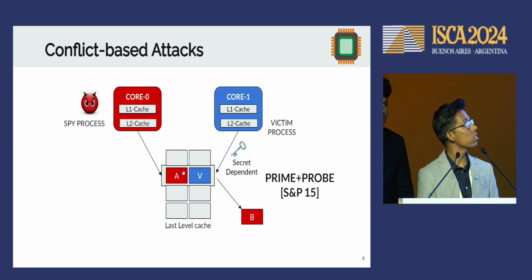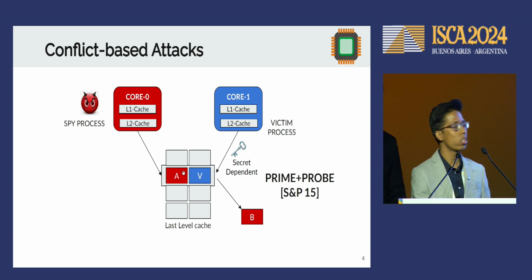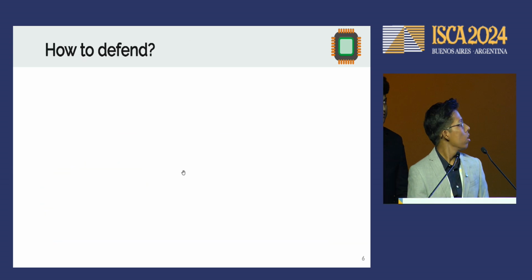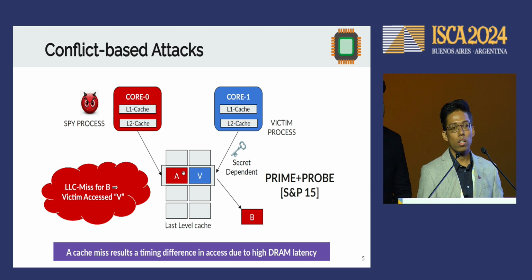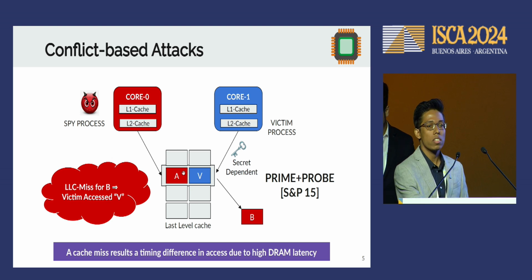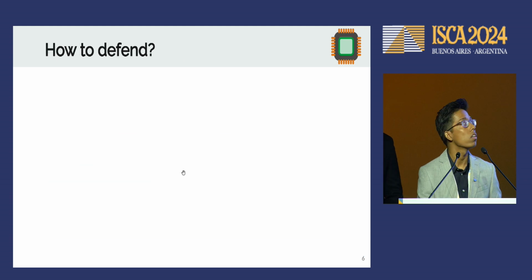And if those addresses are secret dependent, then the adversary can learn them, which poses security issues. This is because when an adversary probes the cache, it accesses the cache and finds cache misses for its block, and hence it figures out what the victim is accessing.